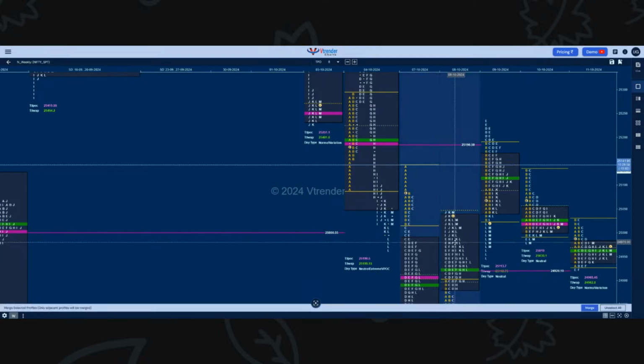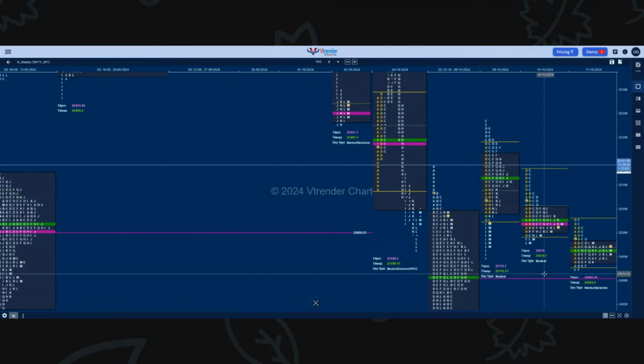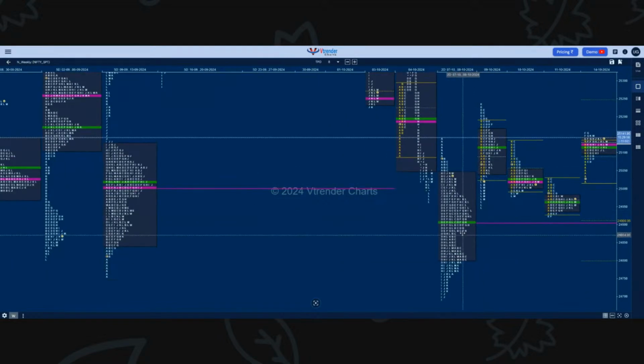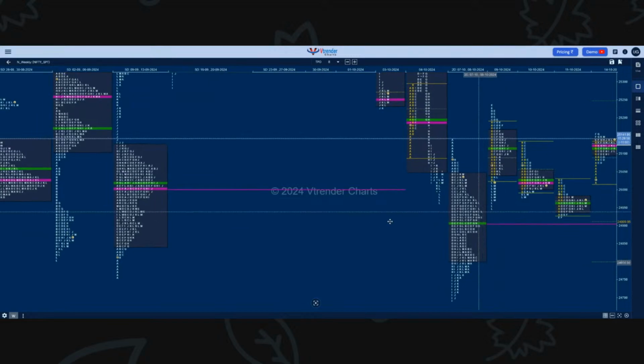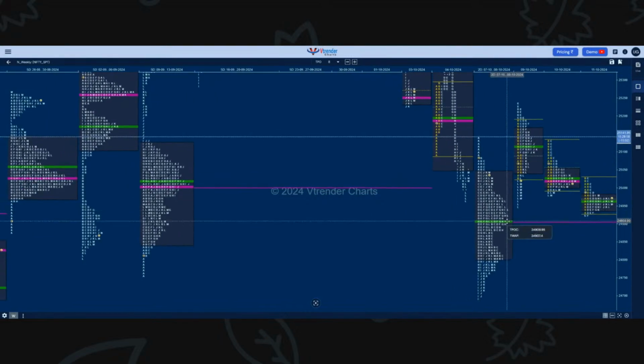And if we merge the first 2 days of last week, because the value was overlapping and the second day was filling up the profile of the first day, we have the 2-day composite POC at 24910. So as long as this was holding, we were not completely bearish, because this was a buy side level. It was a dual auction last week.